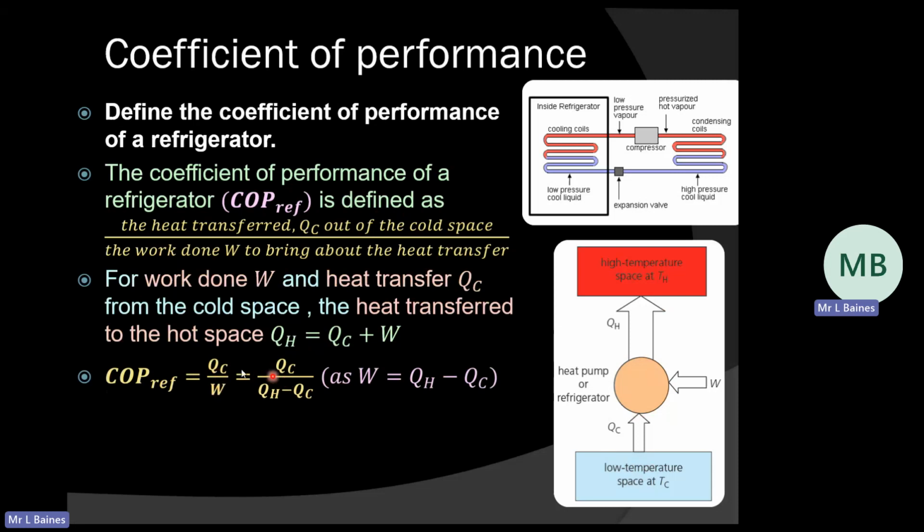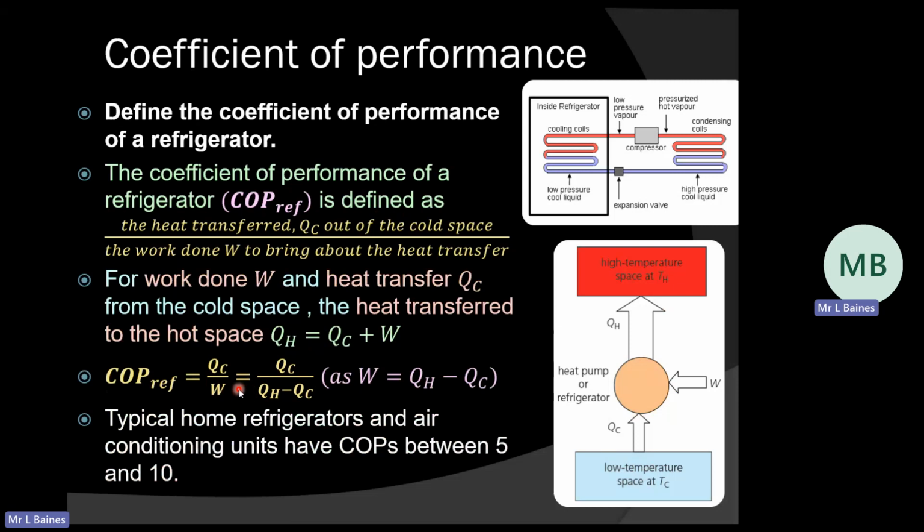So I can use either one of these formulas depending on whether I'm given a value for work or a value of actual heat energies. And to give you an idea, a typical refrigerator or AC unit will have a coefficient of performance between 5 and 10. So I will take out 5 times as much energy from my cold space as the amount of work that I've done to achieve it.